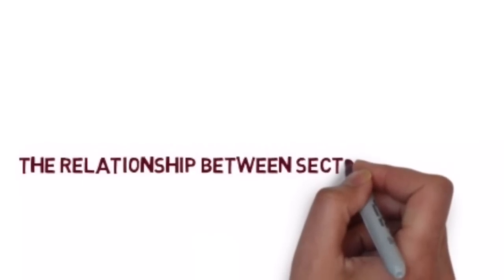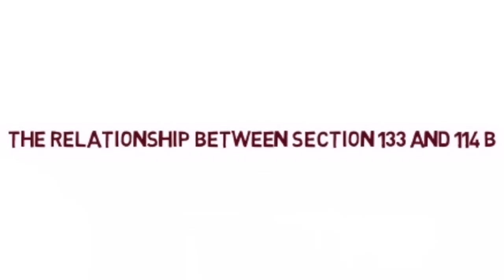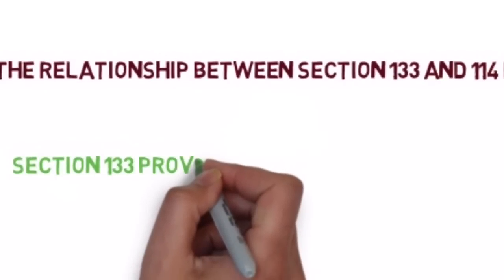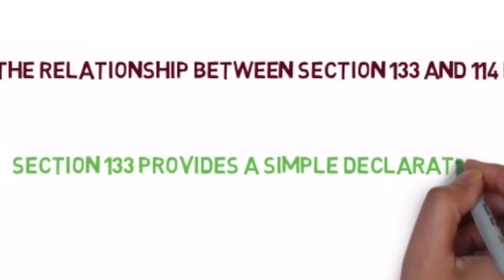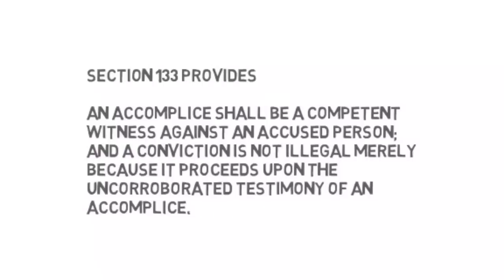So far so good. Let's move on to the main topic, which is the relationship between Section 133 and Section 114 Clause B. Now, we've already read Section 133 and 114 Clause B in the beginning of this video. So, you understand that Section 133 provides a simple declaration that the evidence of the approver or the accomplice will be legitimate and he will be a competent witness.